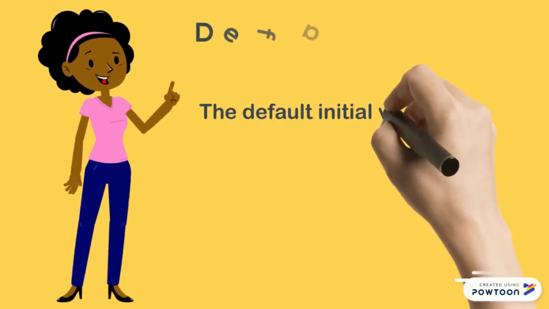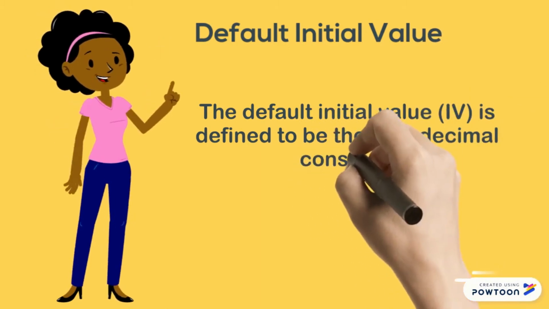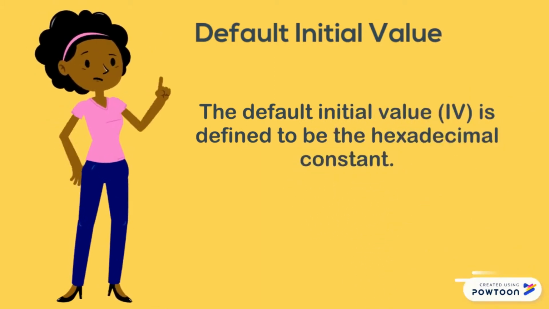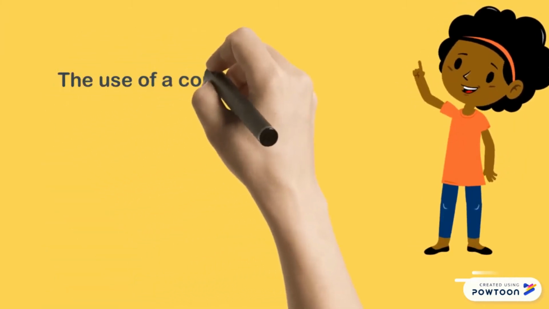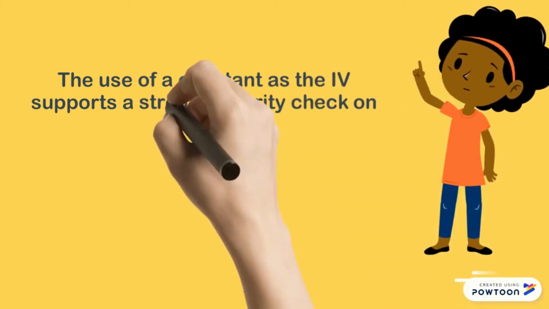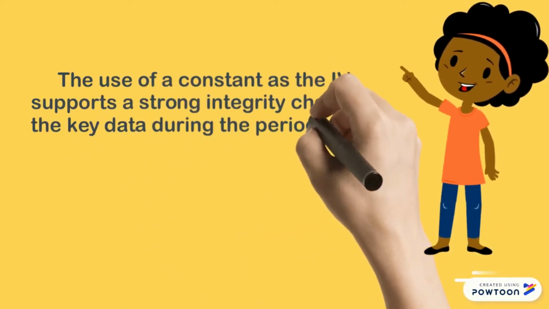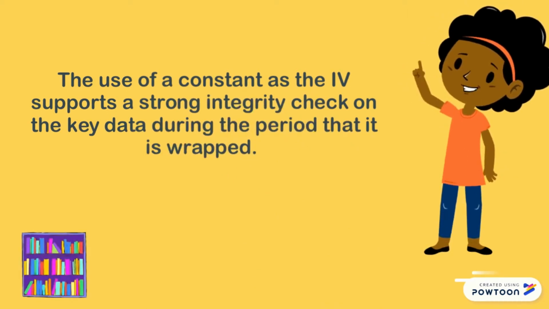The default initial value is defined to be the hexadecimal constants. The use of a constant as the initial value supports a strong integrity check on the key data during the period that it is wrapped.